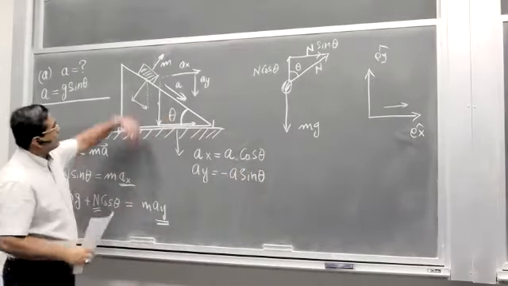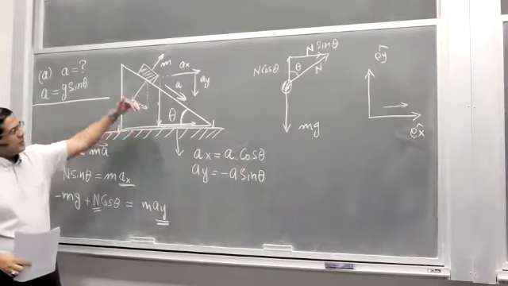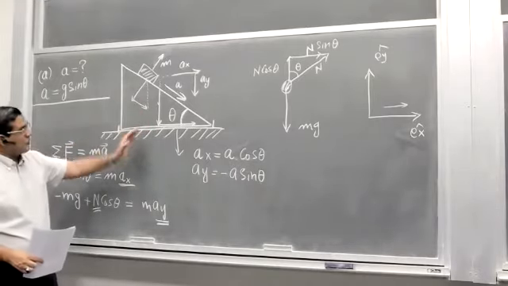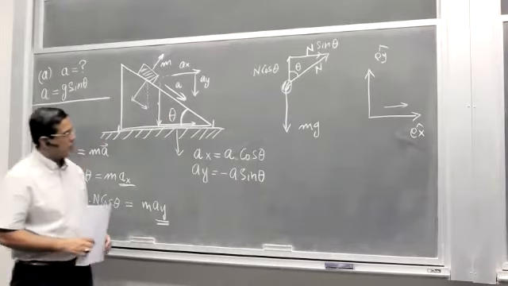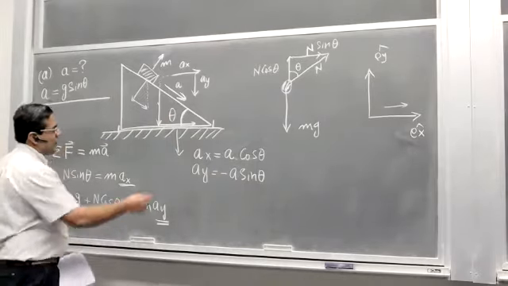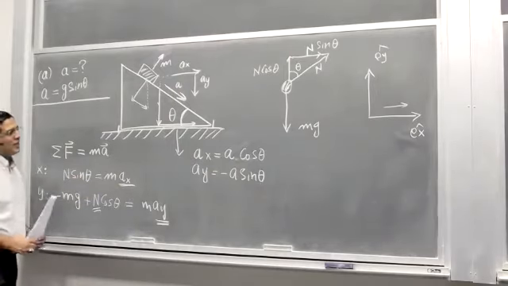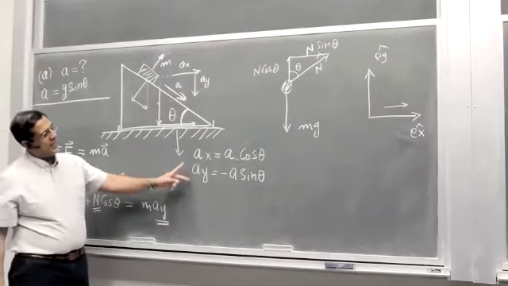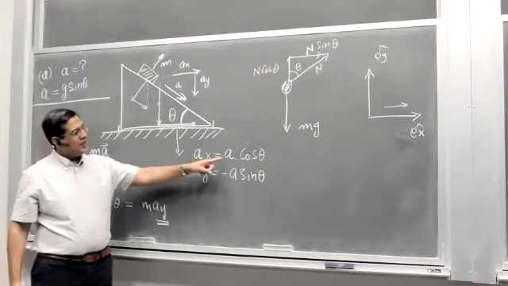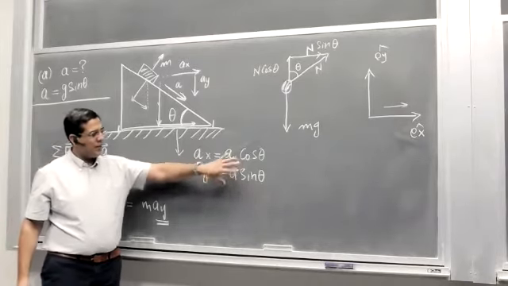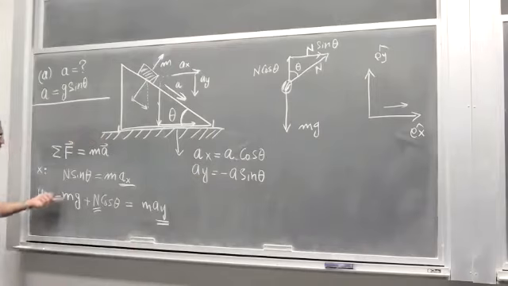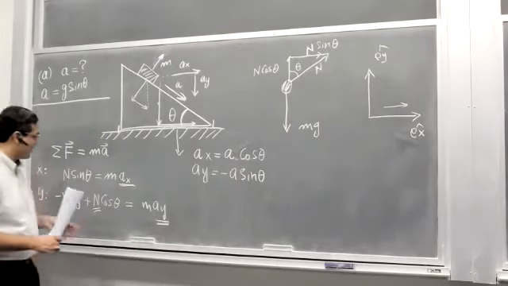It's negative because the y component of the acceleration is downwards, and the y-axis points upwards. So now if you substitute these two values in here, you have gone from two unknowns AX and AY to just one unknown, the acceleration, plus the normal force. Now with two equations and two unknowns, you can solve this system.